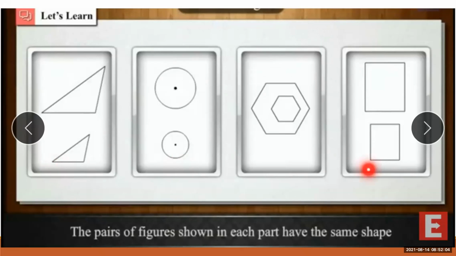In each case, both shapes are the same. These two are triangles, these two are circles, these two are hexagons, and those two are rectangles.